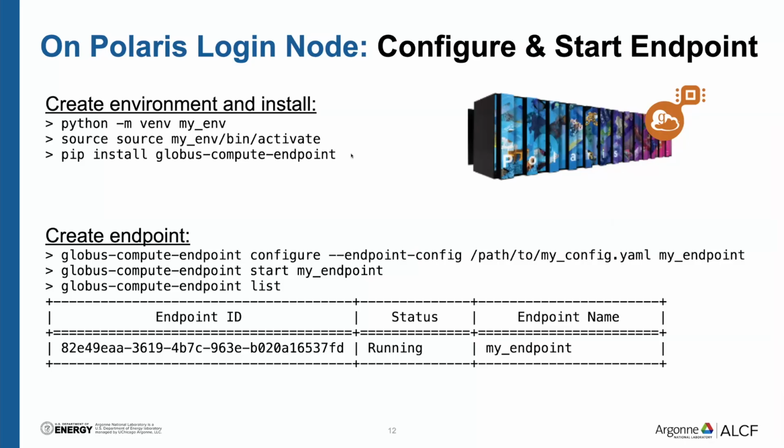Okay. Another question is, is the endpoint persistent, or does it change every time Polaris is rebooted? It is not persistent. If the node the endpoint sits on is rebooted, which can happen during maintenance, but doesn't always, though often does, then yes, the endpoint will get disconnected.